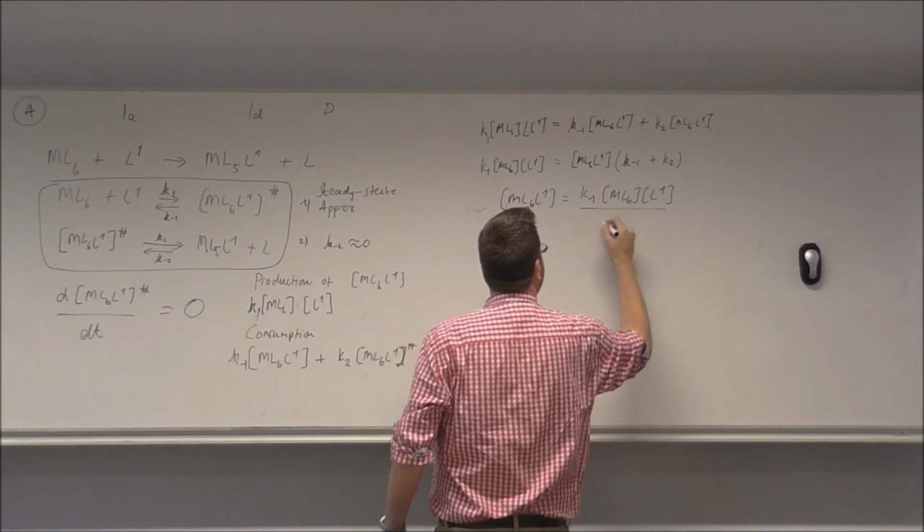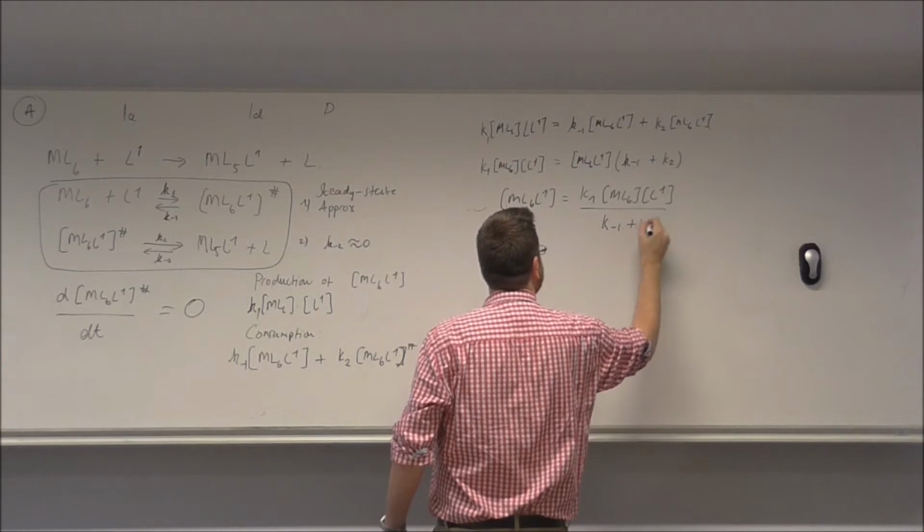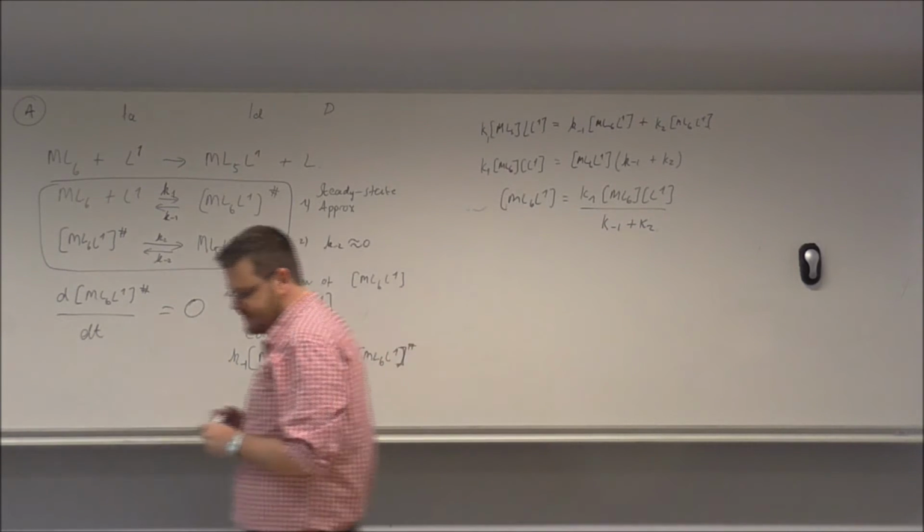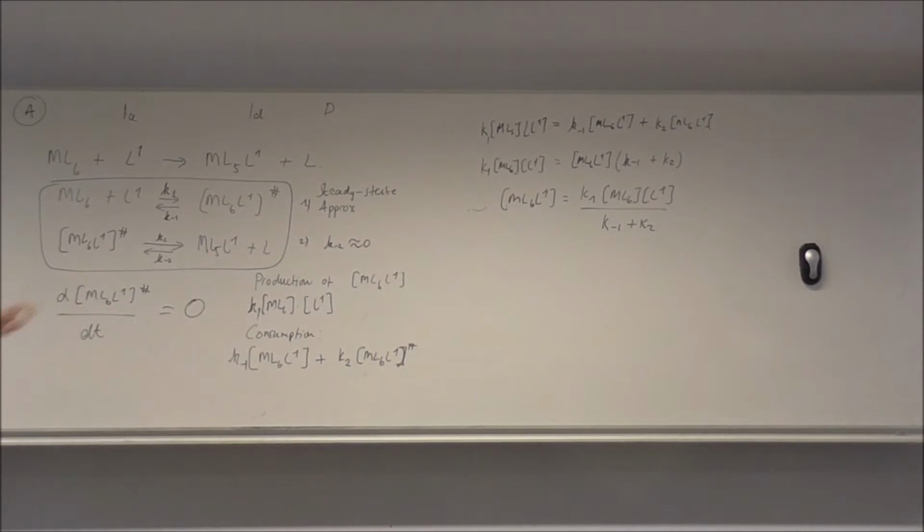ML6L1 over K minus 1 plus K2. Now, those are actual constants, right? Now, that's an important result.